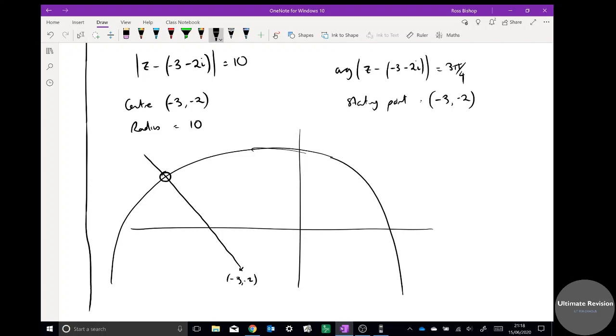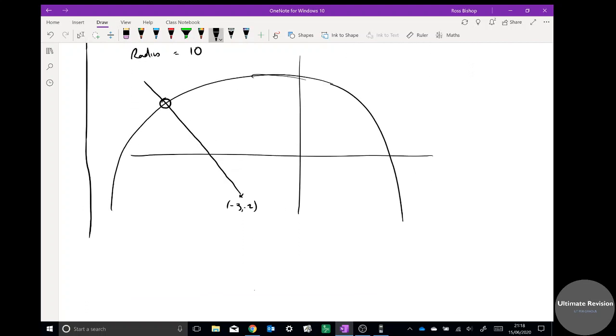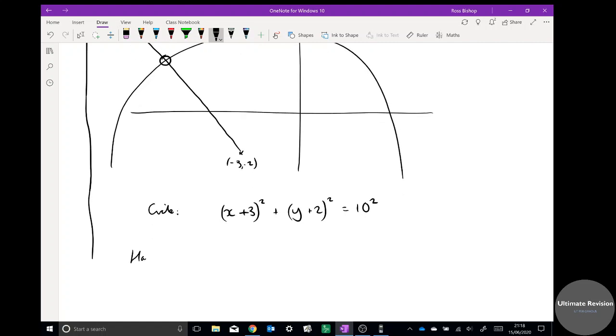Now the way I'd recommend doing this is by looking at the Cartesian equations. So if we look at the circle, it's going to be x plus 3 squared plus y plus 2 squared equals 10 squared. And the half line, we did just work that one out.